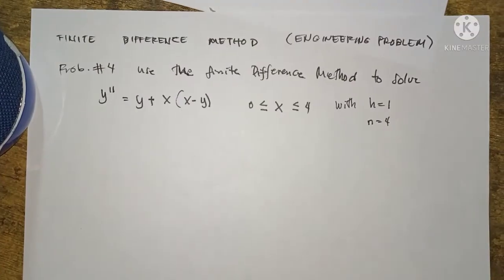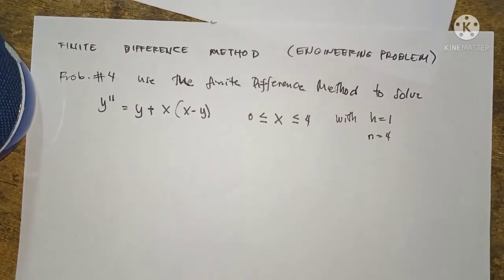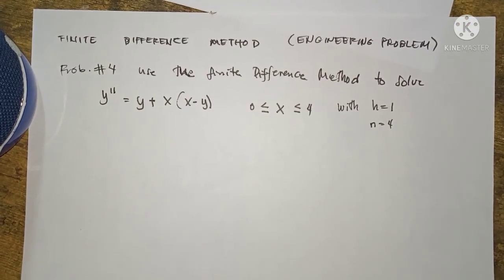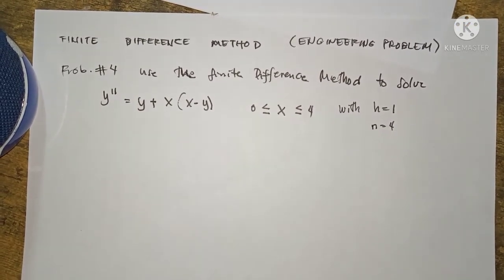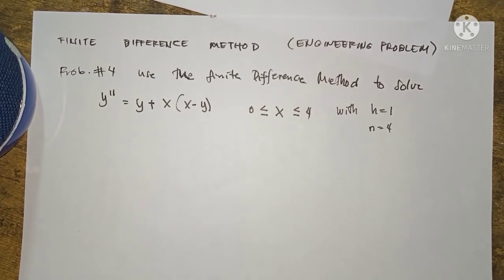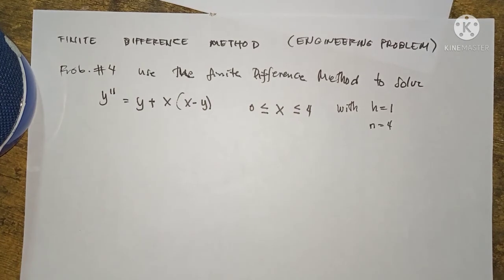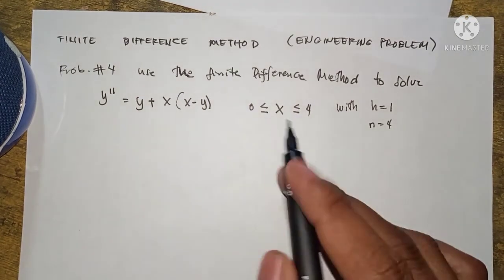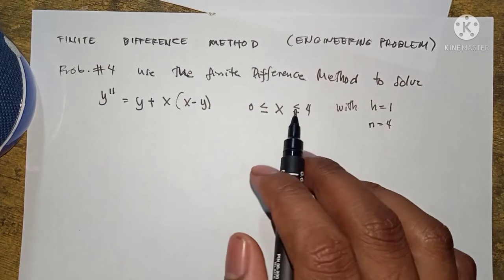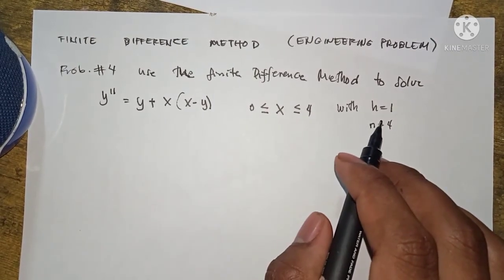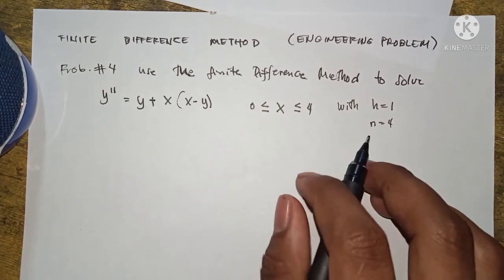For problem number 4, using the finite difference method in an engineering problem: use the finite difference method to solve y double prime equal to y plus x times x minus 4, with a lower limit of 0 and an upper limit of 4, with h equal to 1, so n is 4.